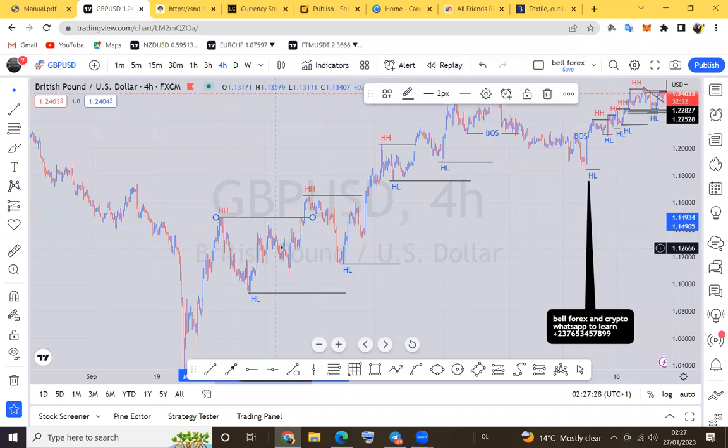All my structures here are called swing structures. That means I will take the lowest point in the break and the highest point in the break. So when I look at the lowest point that caused the break of this other high, it is this first one. And this is the highest point that was created after this break.